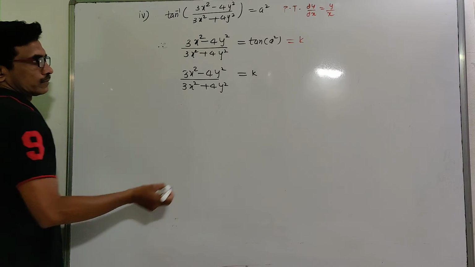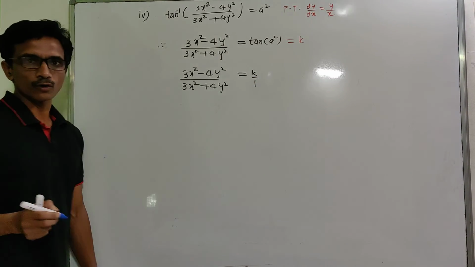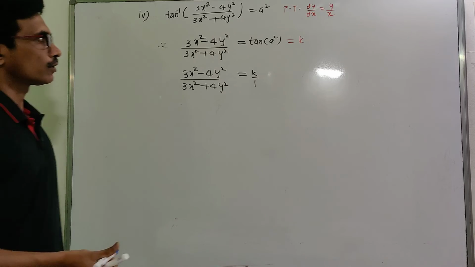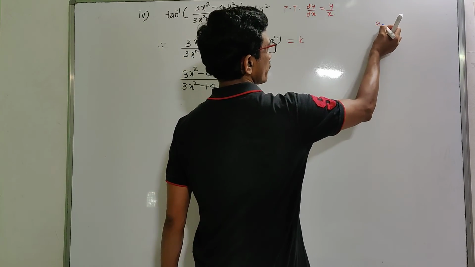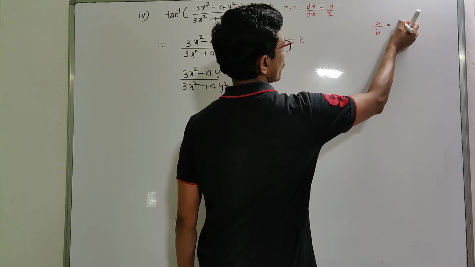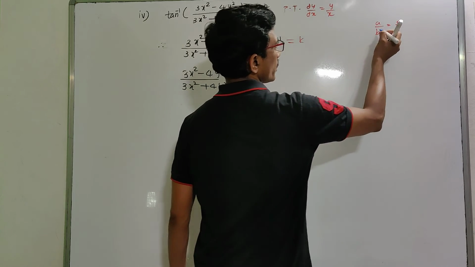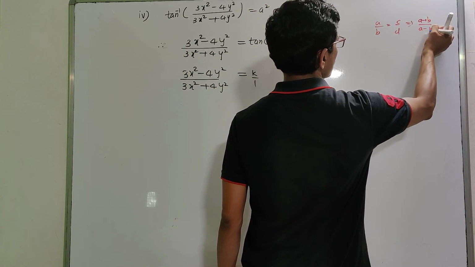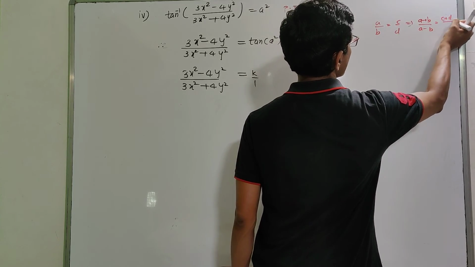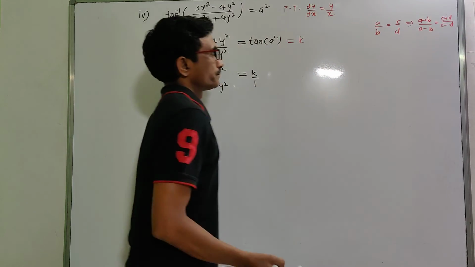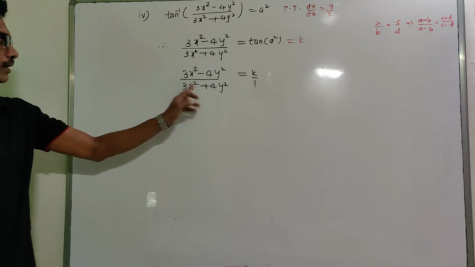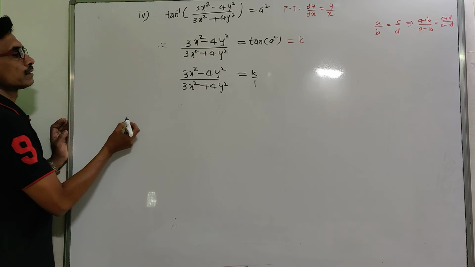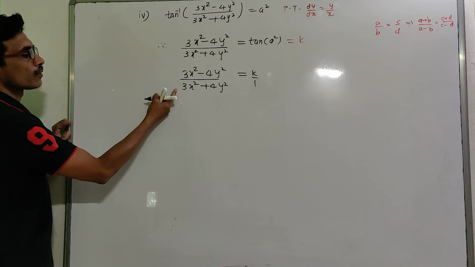Now this k we can write as k/1, and we have componendo dividendo, that property of equal ratios: a/b = c/d implies (a + b)/(a - b) = (c + d)/(c - d). So this property we apply over here. Numerator is a, denominator is b.